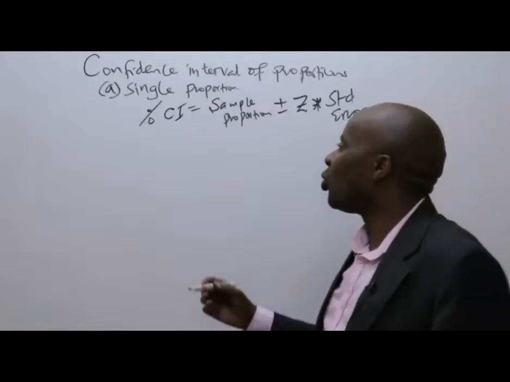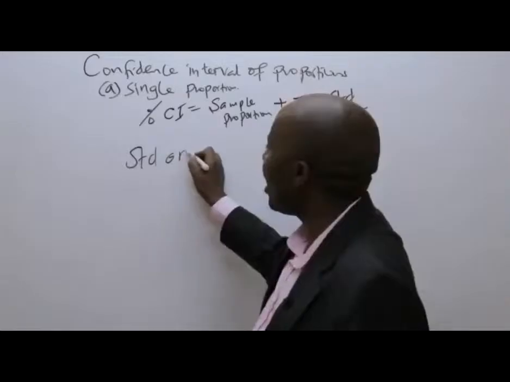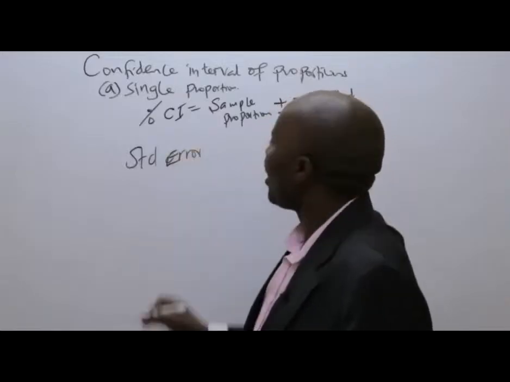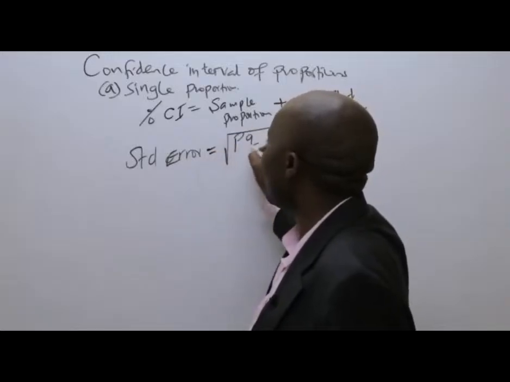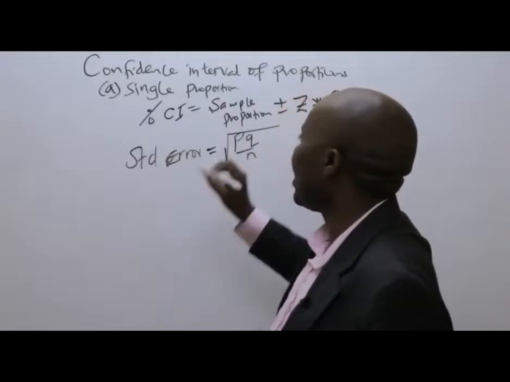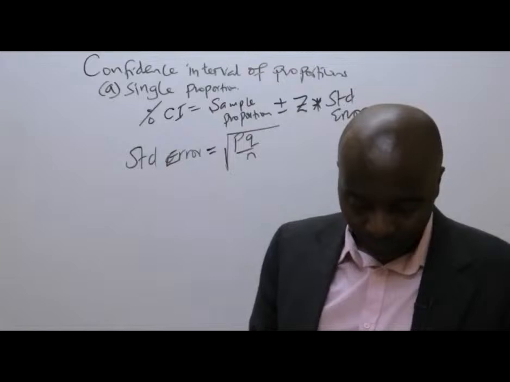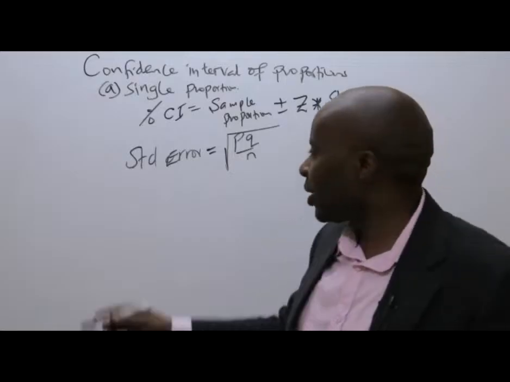But now, how do we get, ladies and gentlemen, the standard error in situations where we have proportions? To get the standard error here, we'll be taking what we call P multiplied by Q all over N, all over N. Ladies and gentlemen, this is quite important.